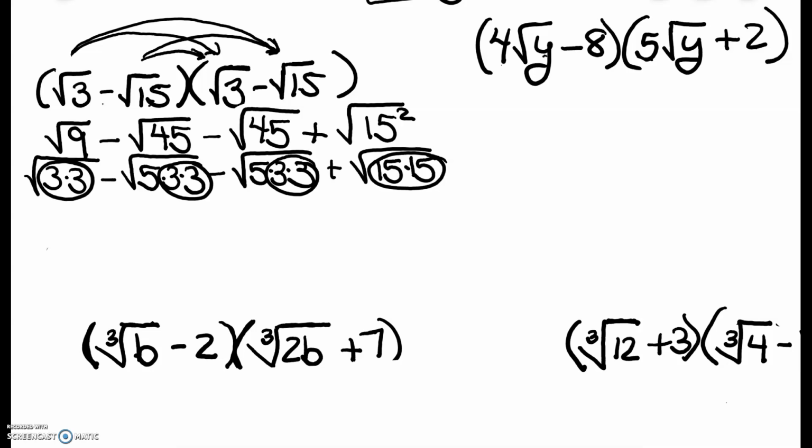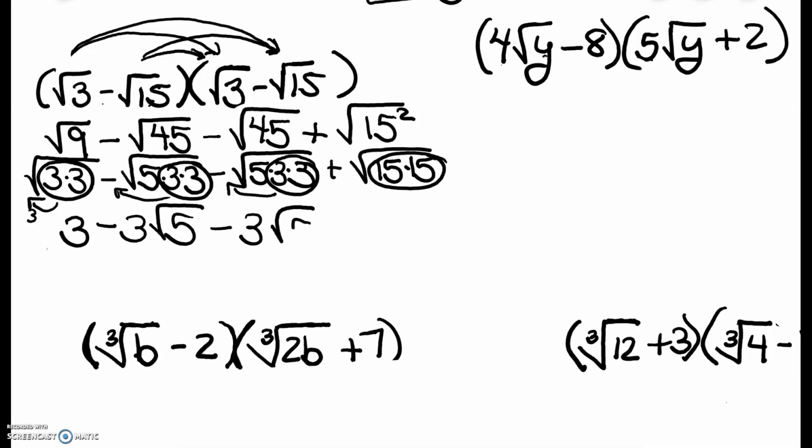Okay, nothing left in the first radical. There's nothing left under the radical, so I have a 3. There is a 5 left under the second radical. I'm going to pull that 3 out with a 5 remaining under the radical. Then I'm going to pull the 15 out, and there's nothing remaining under the radical.